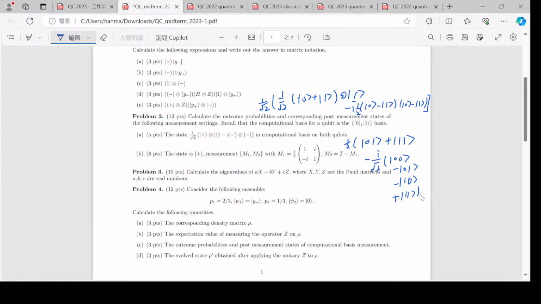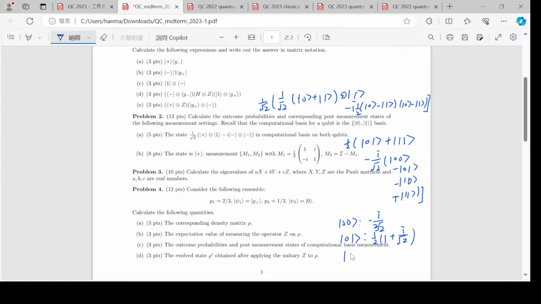Finally we can collect all the terms. For 00, our coefficient is minus i over 2 square root 2. For 01, our coefficient is 1 over 2 of (1 plus i over square root 2).